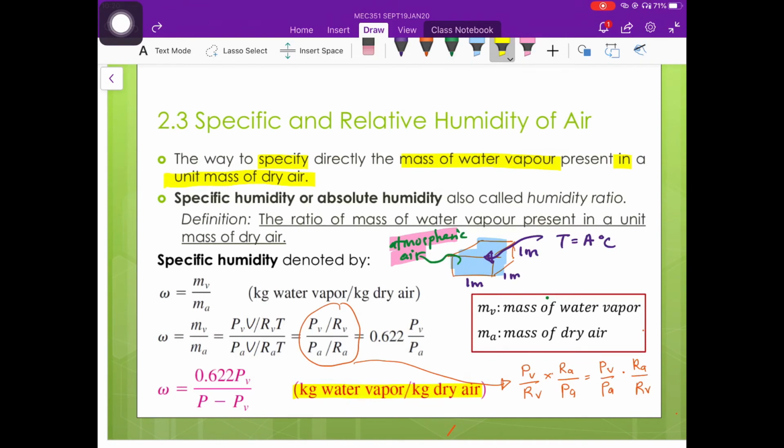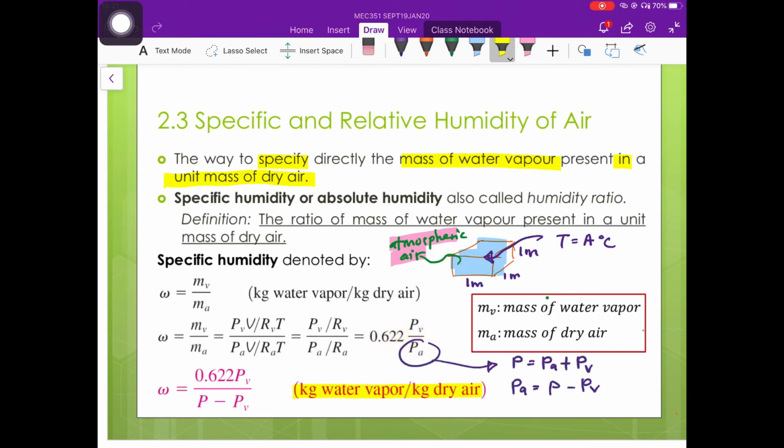Now, from this equation, if we substitute the values for the specific gas constant for the air and also for the water vapor, we are going to get this value, 0.622. Thus, we will have omega equal to 0.622 PV over PA.